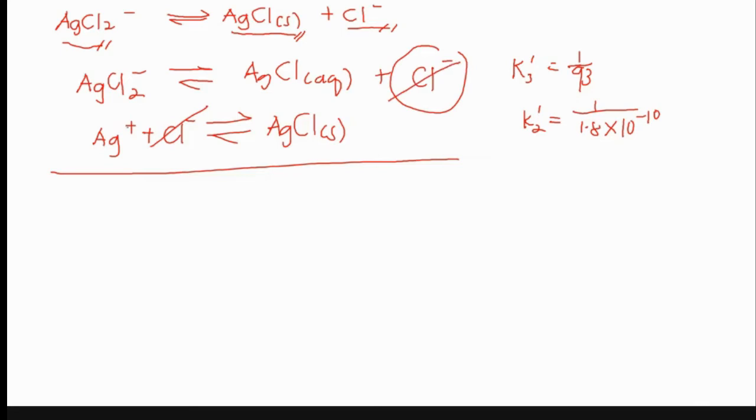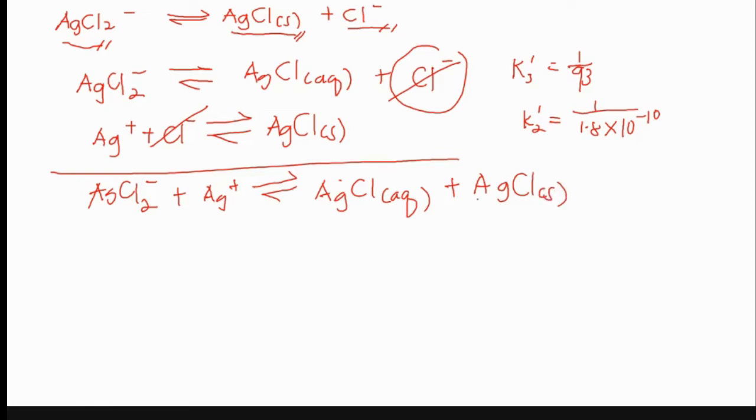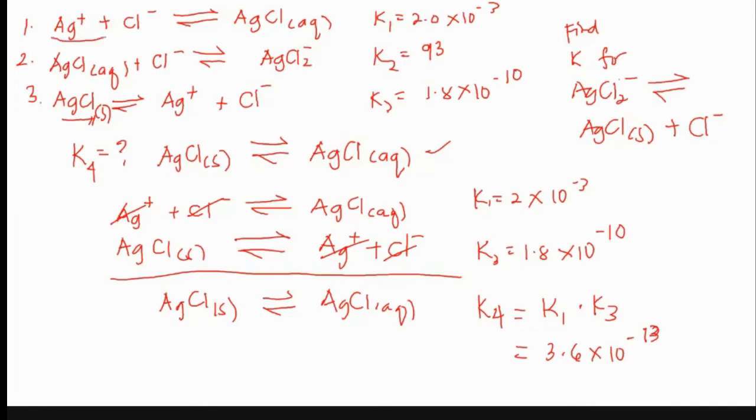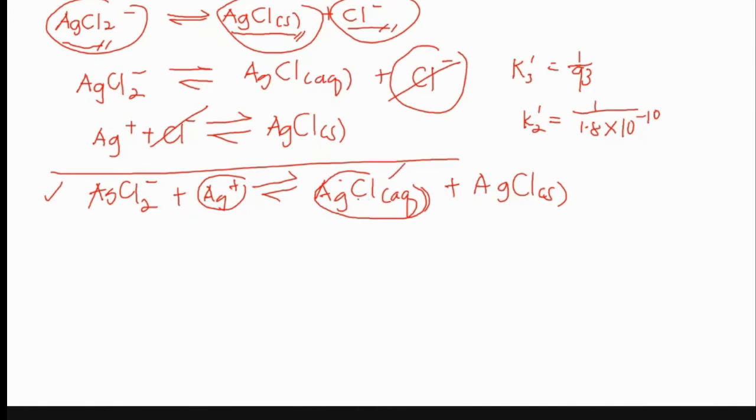Then we connect the reactions, so AgCl and AgCl solid cancel. We look at equation 1: AgCl is a reactant there, but here it is a product, so we reverse equation 1. It becomes AgCl, then Ag plus Cl minus.